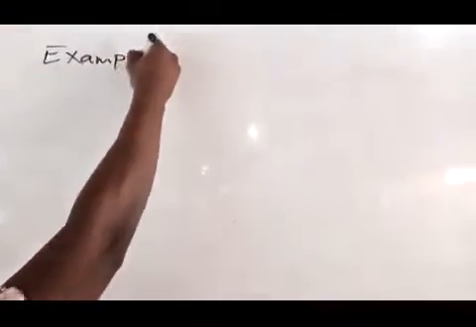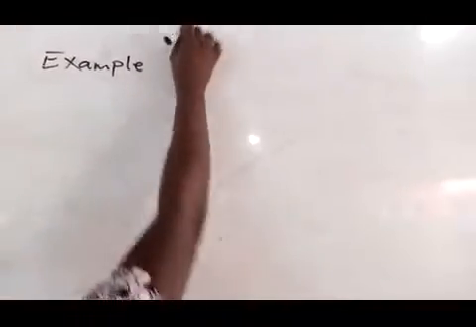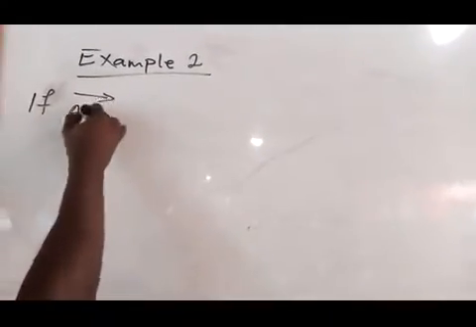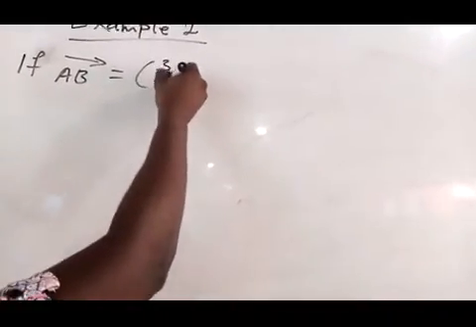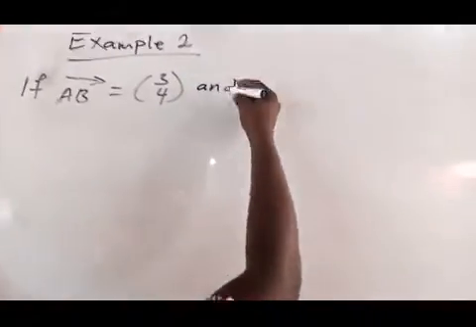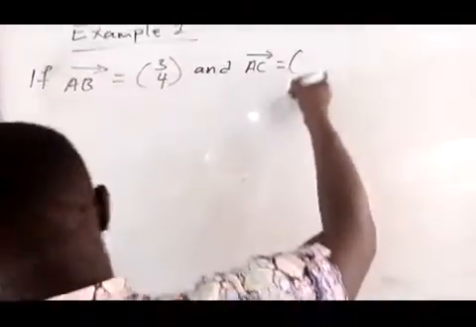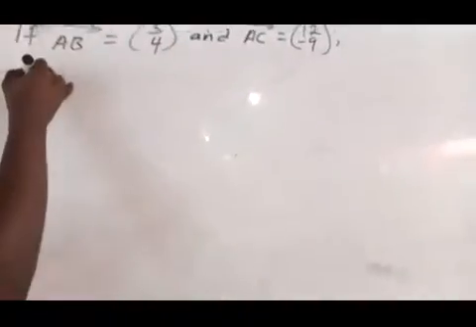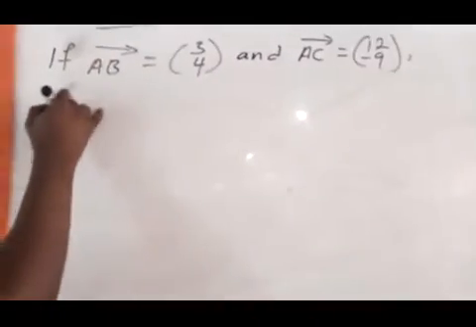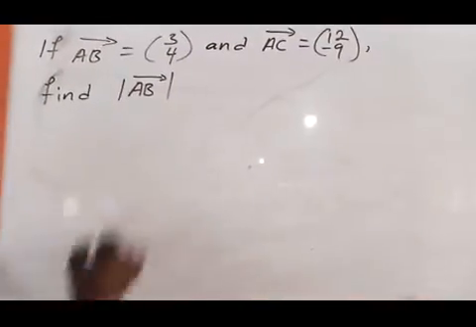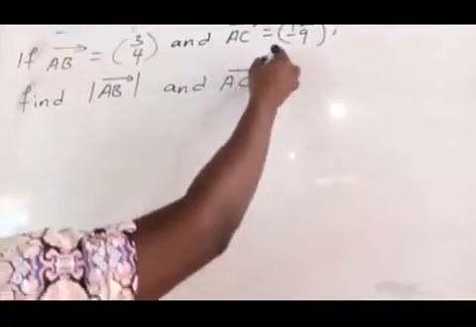Example 2. If vector AB is equal to 3, 4, and vector AC is equal to 12, minus 9, find the modulus of each.